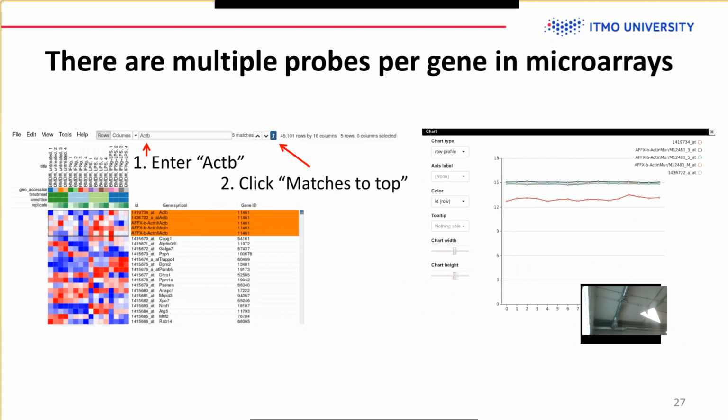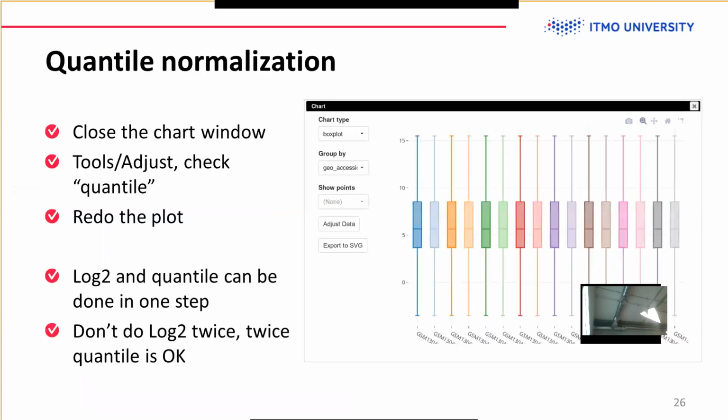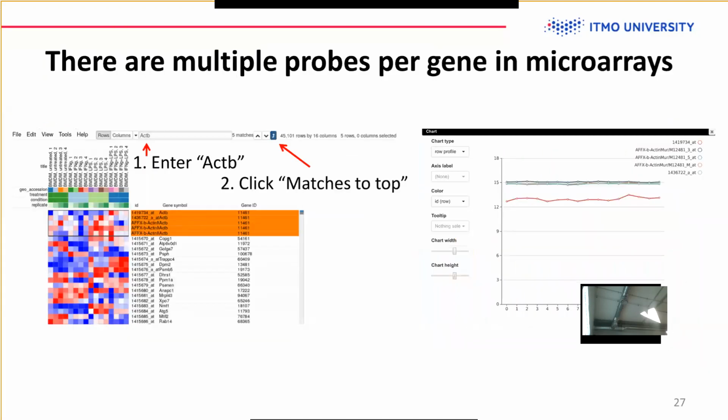So now we have this kind of good data set, good comparable samples, in proper scale. So let's try to deal with another problem. And another problem is that we have multiple probes per gene.